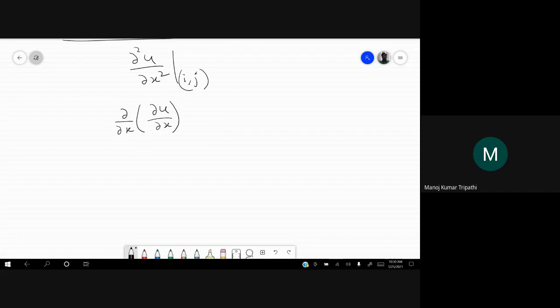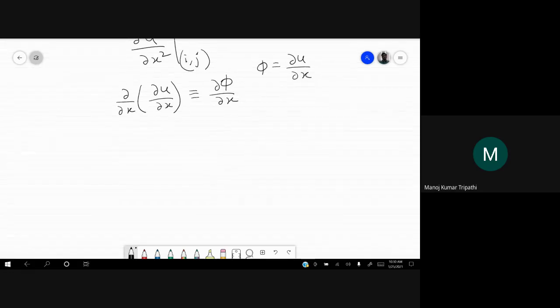Let's say this is phi, where phi is dou u by dou x. So you can write dou phi by dou x, you can approximate as phi at i plus 1, j minus phi at i,j, by delta x.